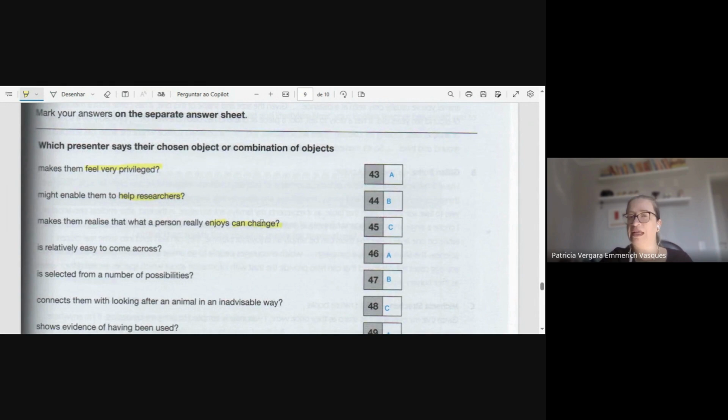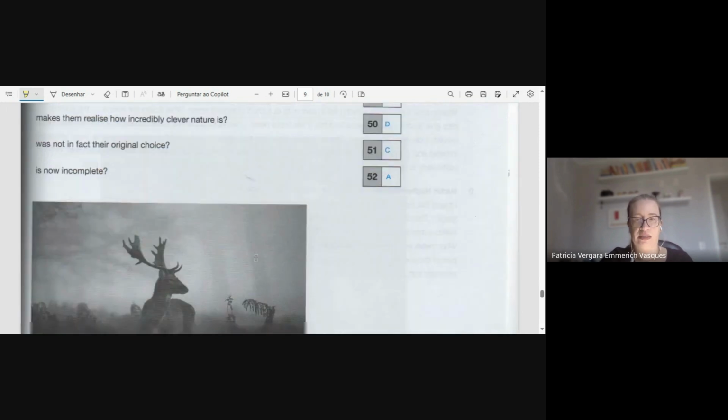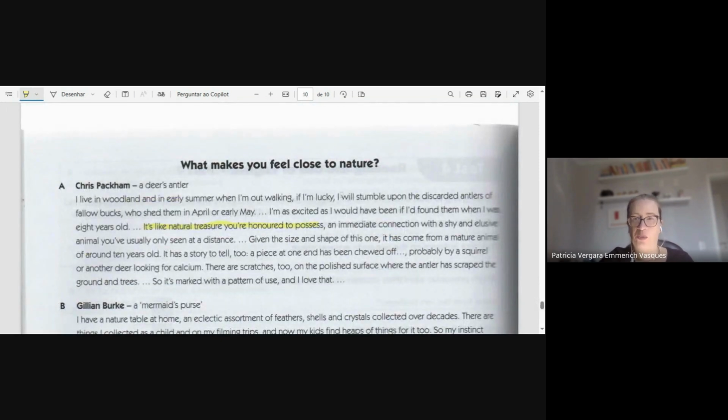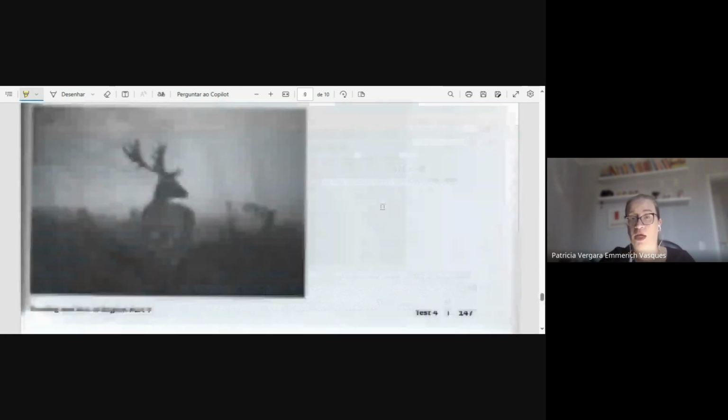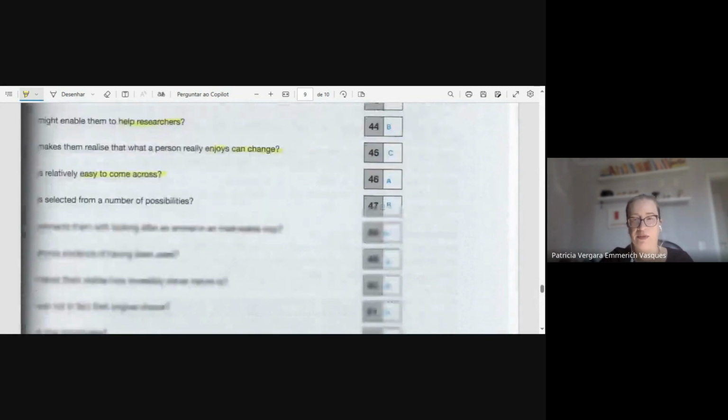A person really enjoys, yeah, can change. Then 46 is A, again, relatively easy to come across. So let's see. You have, I will stumble upon the discarded antlers of fellow bucks. So this is stumble upon. So I find with no problems. Okay? So this is number 46.